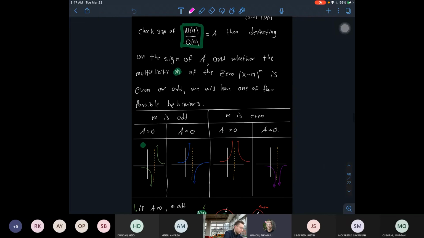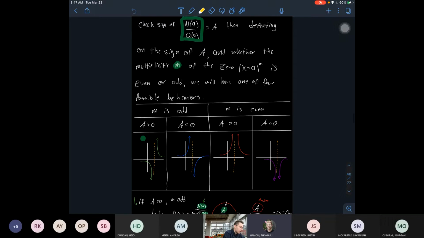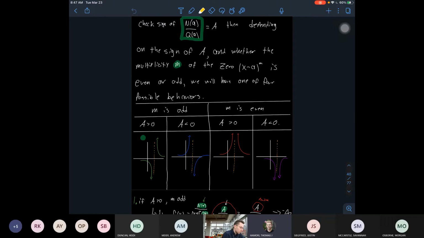Okay, so before we were considering, well, what is the sign of basically the rational function if we exclude the 0 in the denominator? And that was our a. We checked whether a would be positive or negative, and whether the multiplicity of the 0 is odd or even. Okay, so for tangent, it's sine over cosine, so the denominator is cosine, so we would consider that 0 to be of odd multiplicity with multiplicity 1.